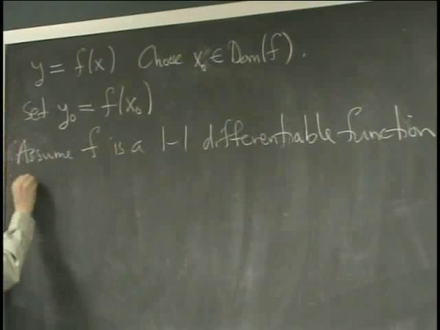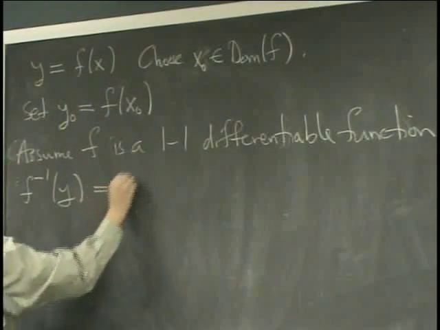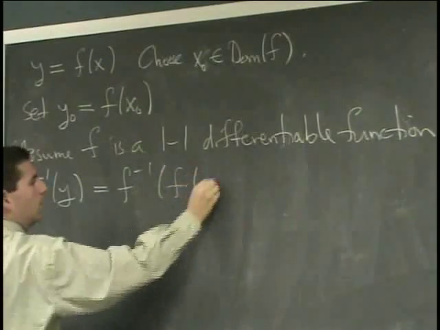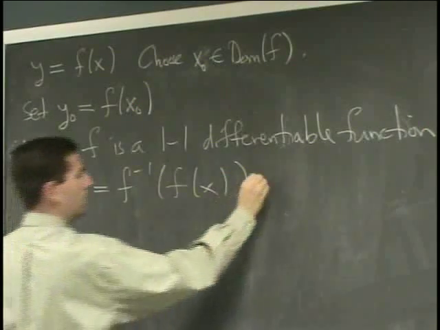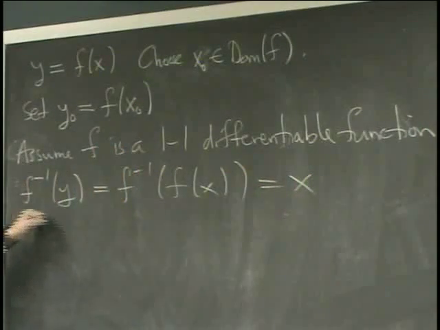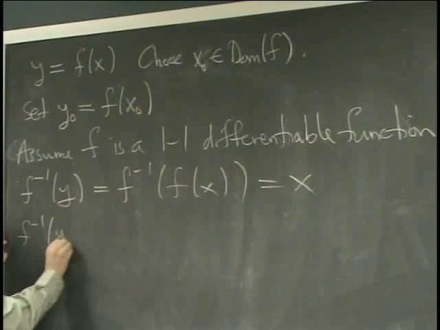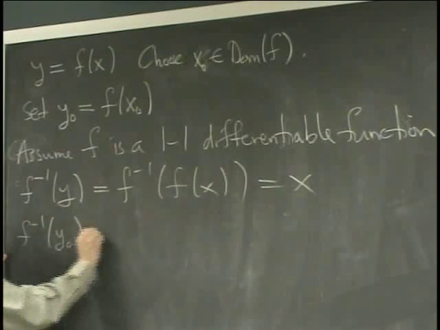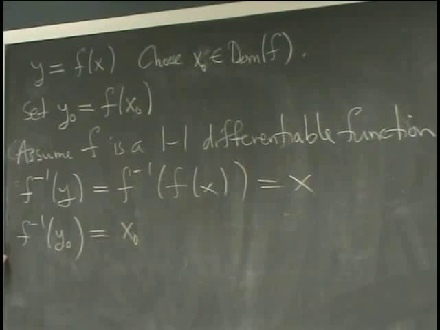And so I know that I can apply the inverse to both sides of this equation. And remember, what is f inverse of f of x? X. Just x. Okay, so f inverse of y is x, and if I go to this specific point, f inverse of y0 should be x sub 0. Okay, so I have these equations that I can play with.